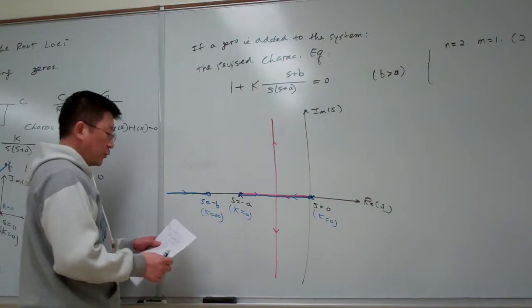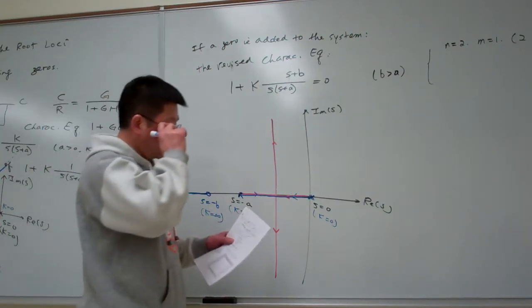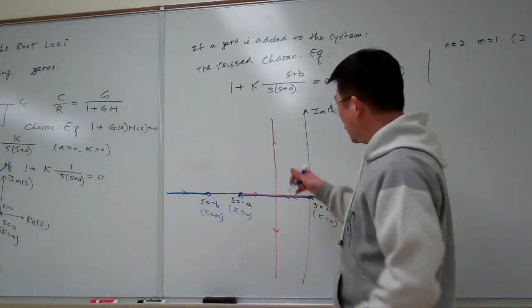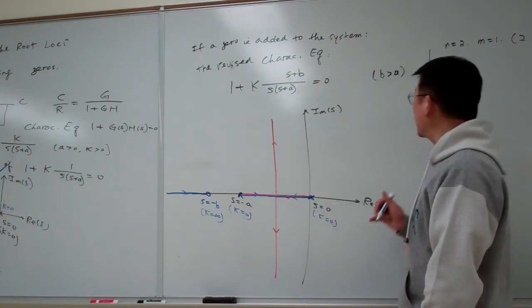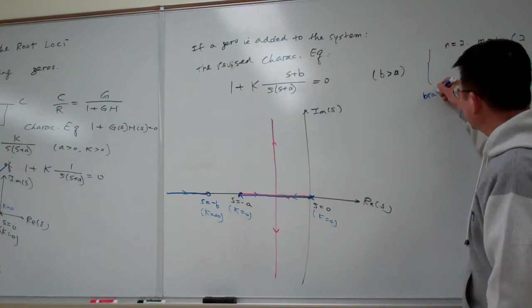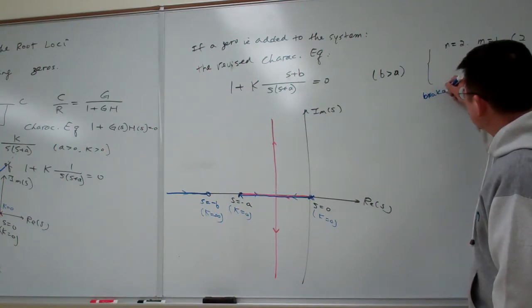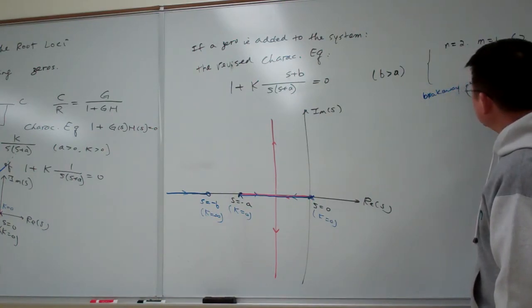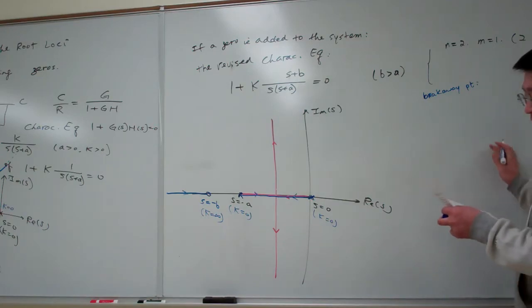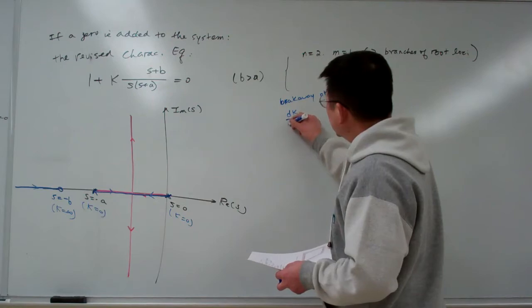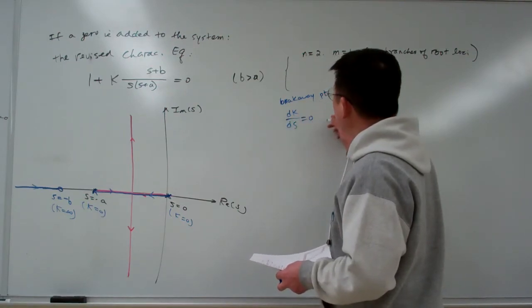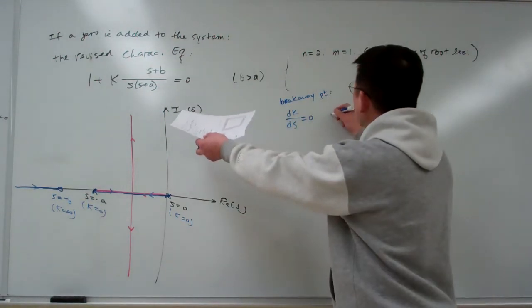We expect a breakaway of this branch somewhere in between, so we can calculate the breakaway point. The calculation is that we simply set dk/ds equal to 0.